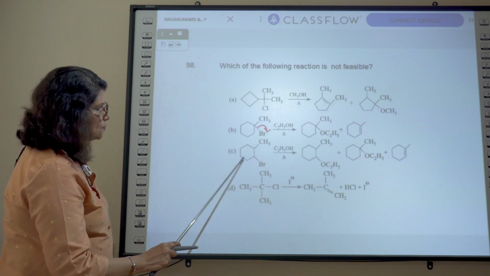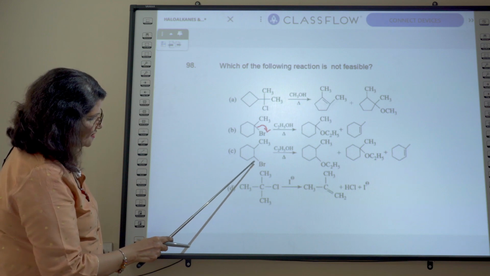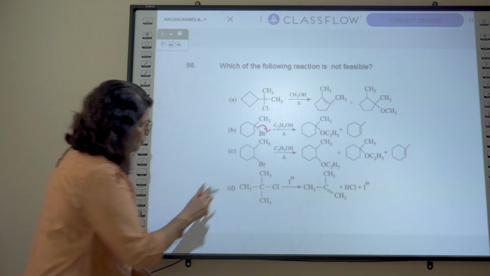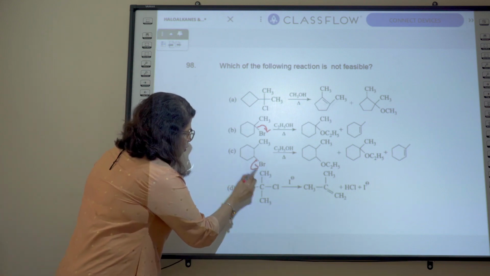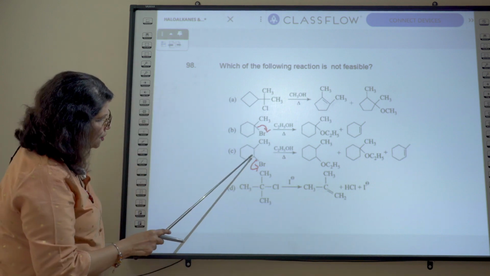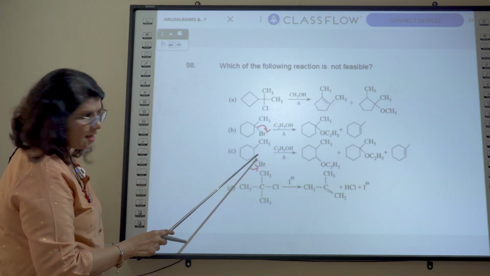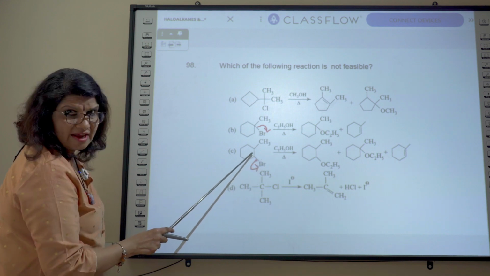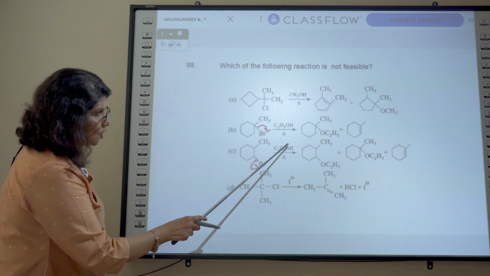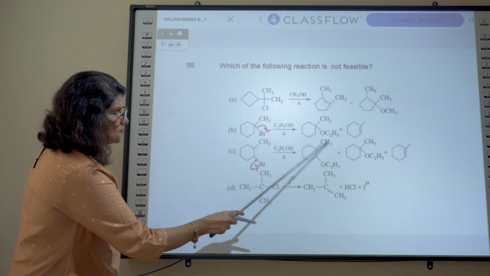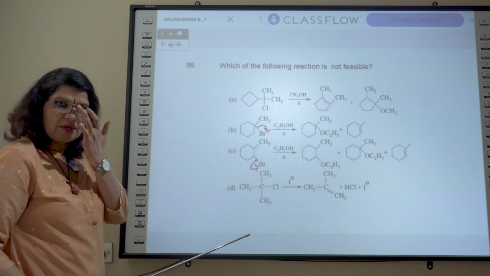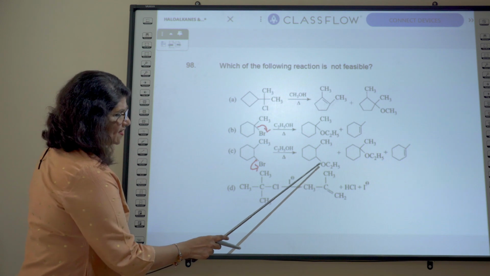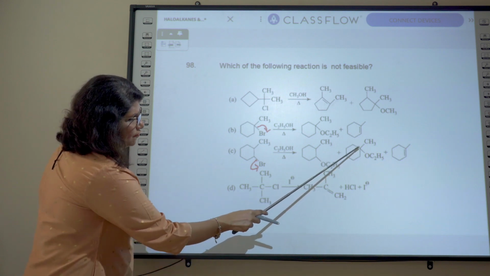Let's look into option C. Now this is option C. The first step would obviously be the loss of this bromine as a bromide ion, producing a positive charge here. When a positive charge is produced here, the OC2H5 nucleophile will be attached here after the loss of this proton to give you the substituted product. But now, how will you explain the formation of this product?